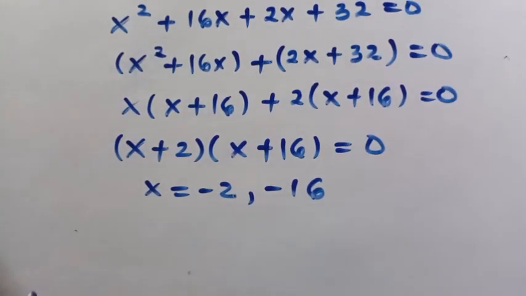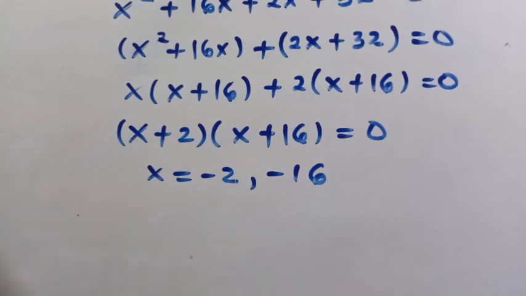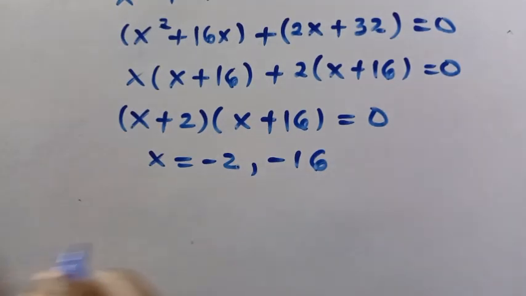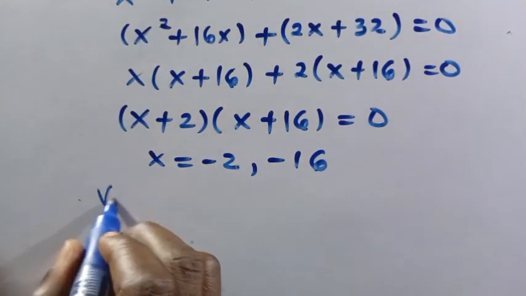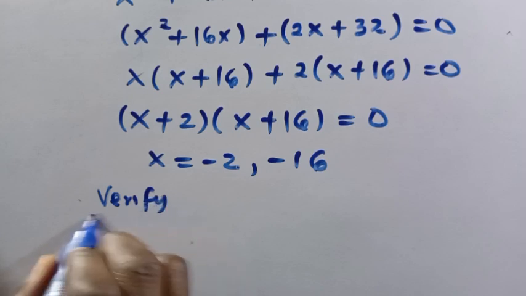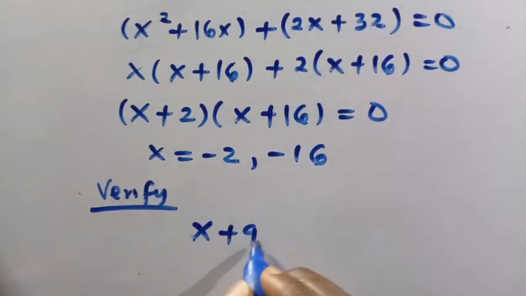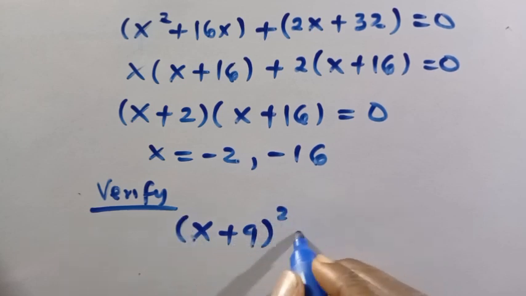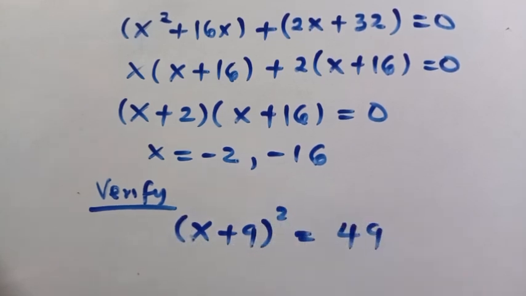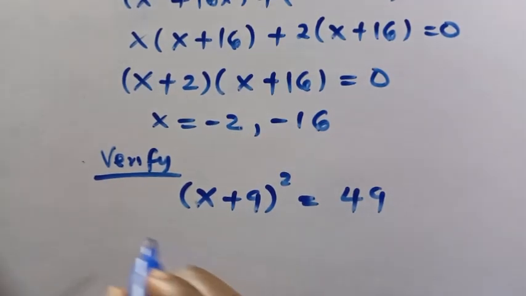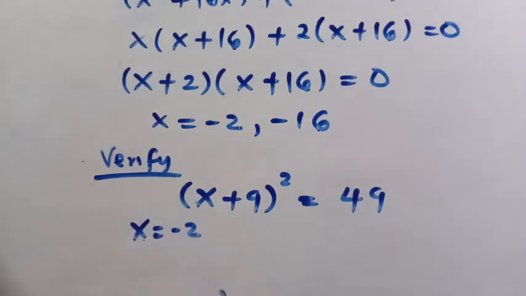Then I have another important thing to consider here. Let's try and verify. The question says (x + 9)^2 = 49. Let's say x equals -2.